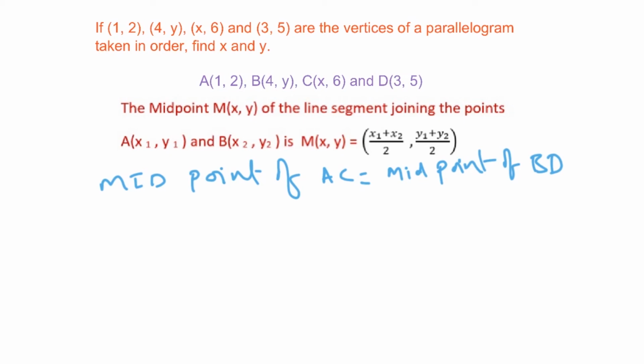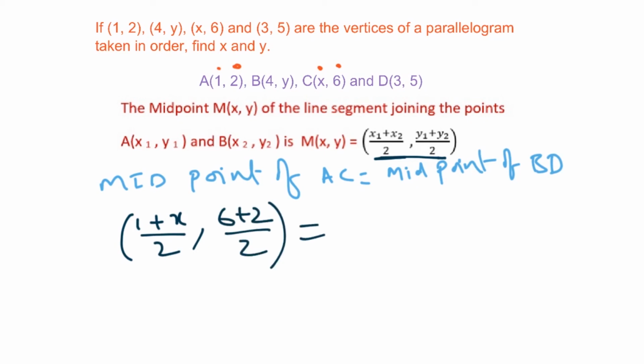While finding the midpoint of AC, let us consider this as x1, y1 and this as x2, y2. So the formula is (x1 plus x2) by 2 and (y1 plus y2) by 2. So (1 plus x) by 2 and (6 plus 2) by 2 is equal to the midpoint of BD.